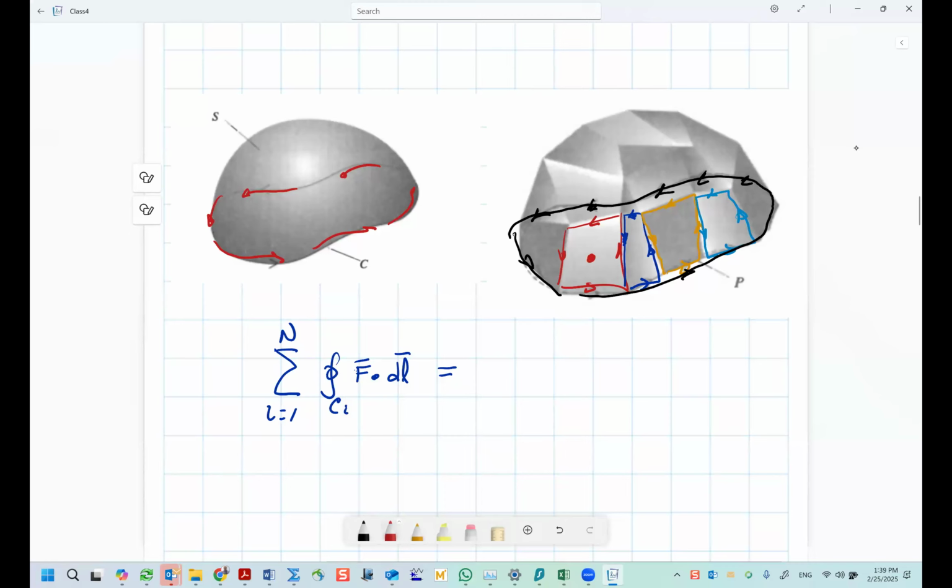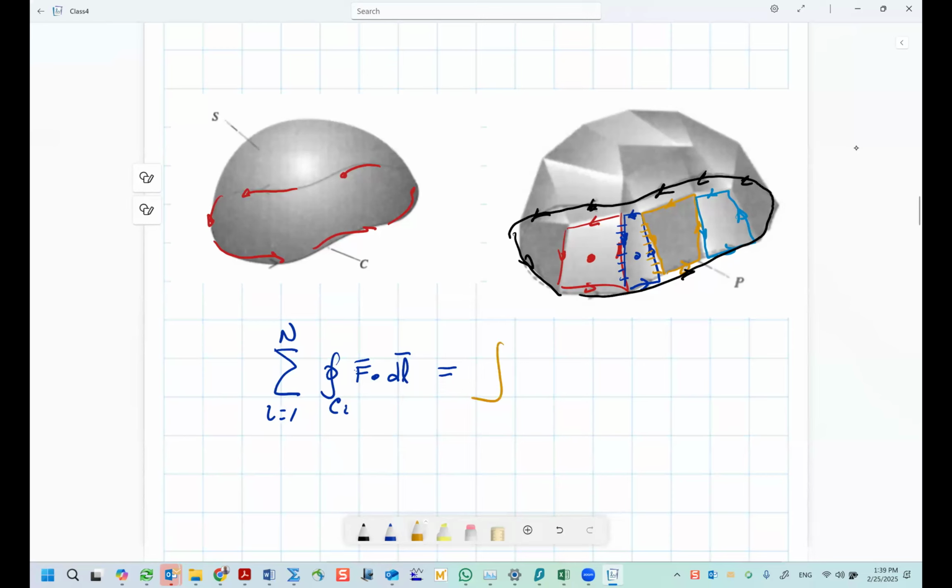But when you go to the blue one, it negates this part. When you go to the orange, it negates this part. And the ones on top and whatever keep on negating all internal integrations. So at the very end, you end up only with the black.